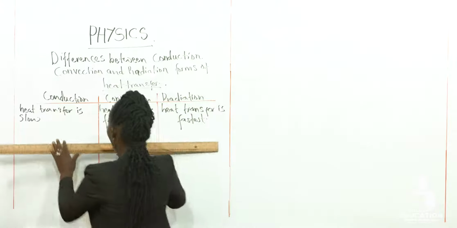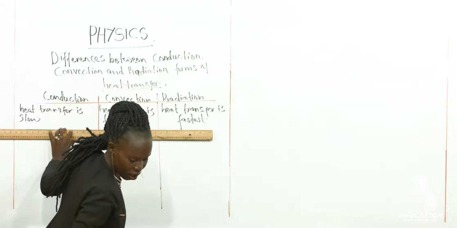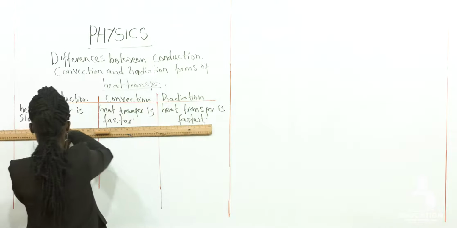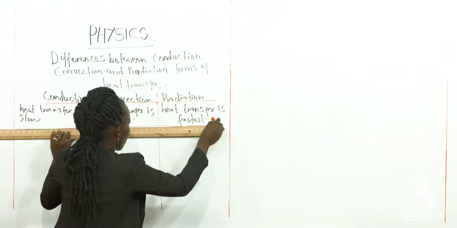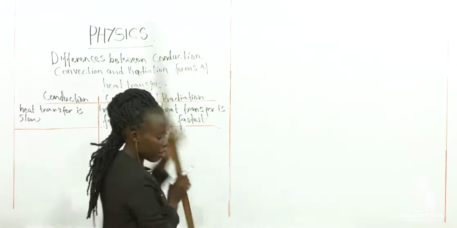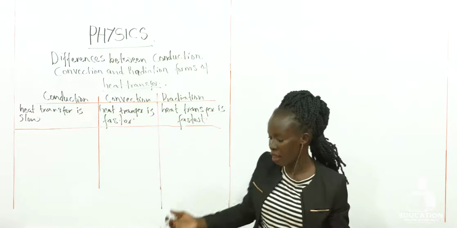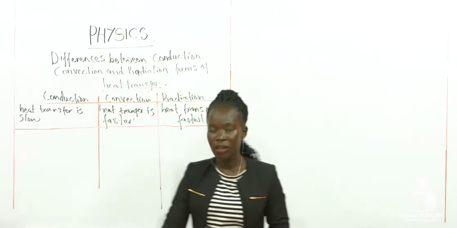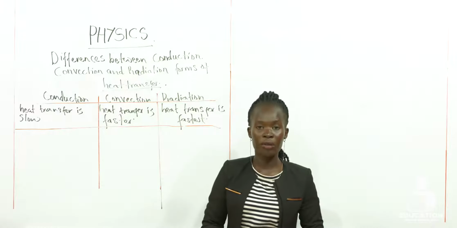So what could be our second difference between these? If you look at the definitions, when we were trying to define them, we say that conduction is mostly in solid particles with direct contact of those particles.